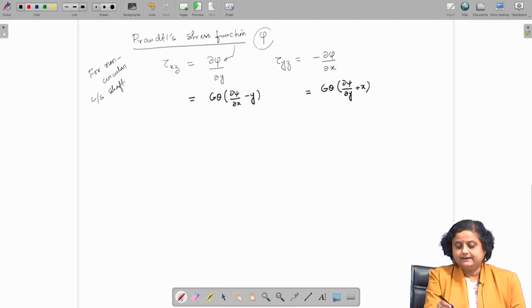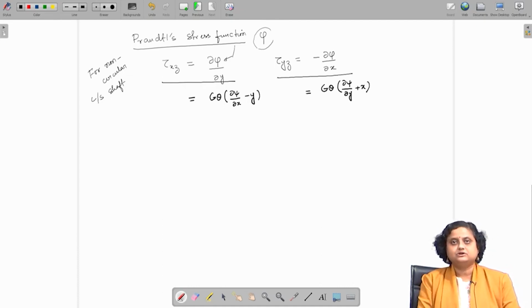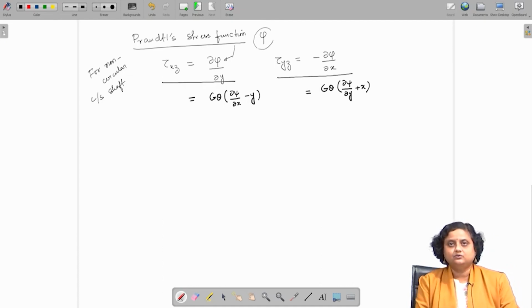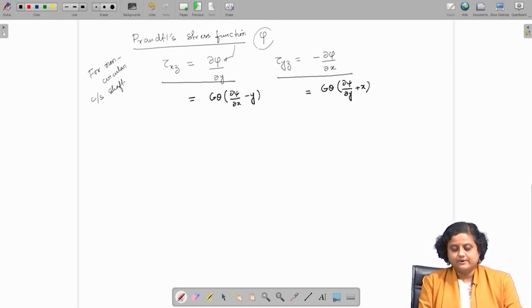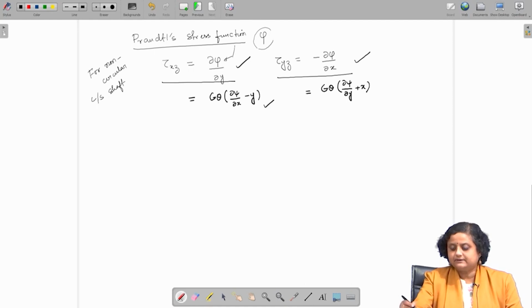Now, let us see whether this assumption satisfies the equilibrium conditions. Do the stresses written in terms of the Prandtl stress function satisfy the equilibrium condition? This we have already seen that they satisfy the equilibrium condition.